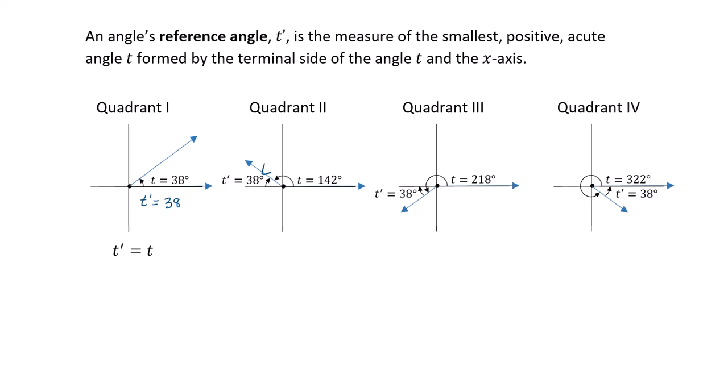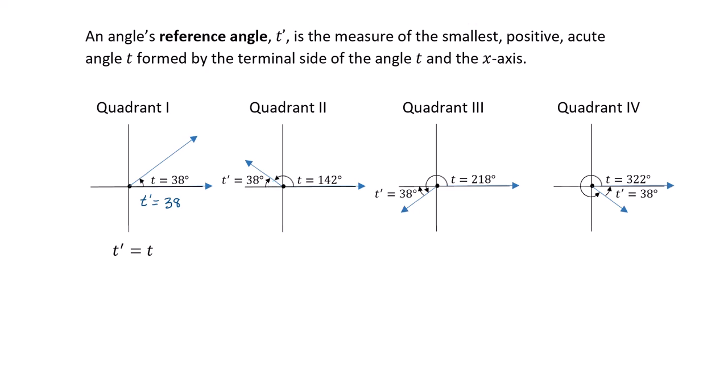Well, the quickest way to get back to the x-axis, that's what we're looking for, we would either go this way, 38 degrees, or we'd have to go back this way 142 degrees to be able to get to the x-axis, and the smallest positive acute angle to get there would be the 38 degrees.